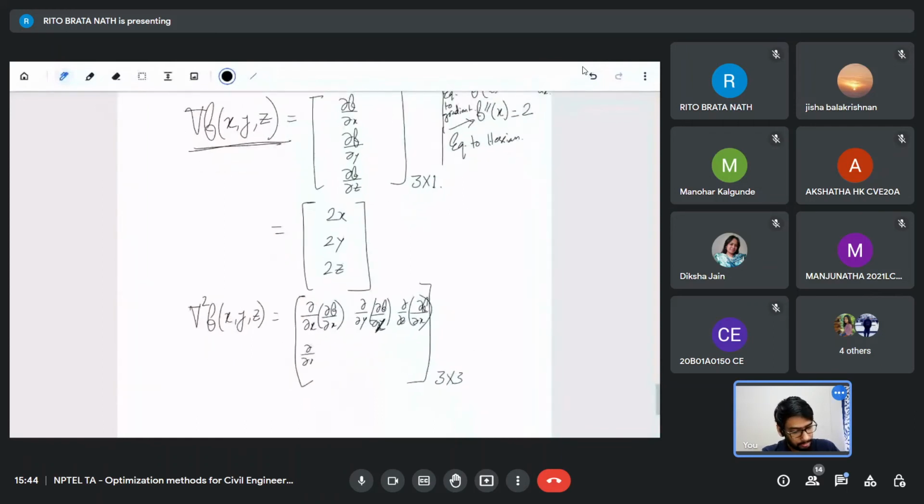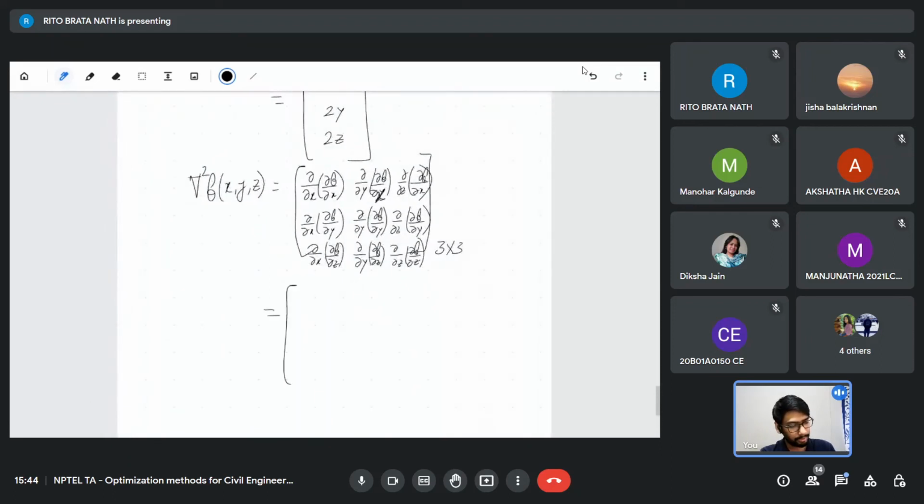Then again, we will be working with the second term. And for the third term, similar things will be there. So now this will be your 3 by 3 matrix.